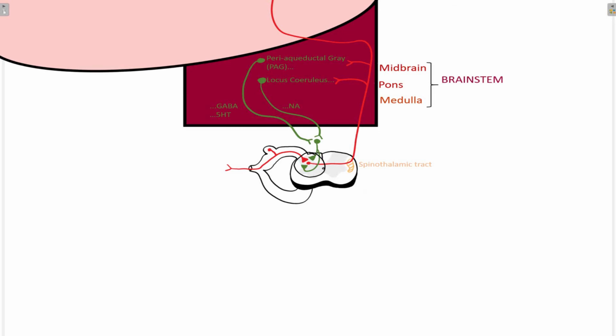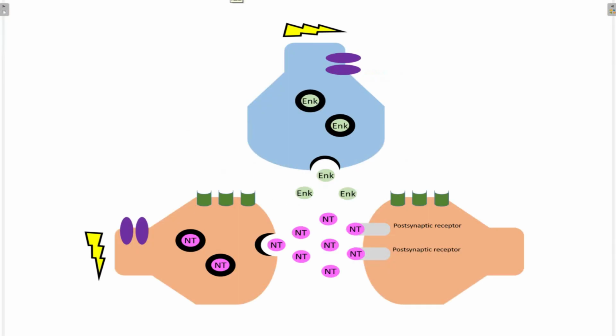So if we zoom in on this, this is our primary neuron, let's say, and that's the secondary neuron. Now, this would be our presynapse. This would be the postsynapse.